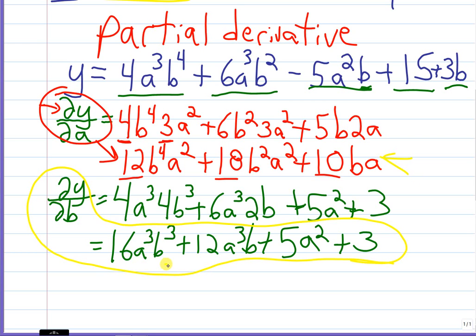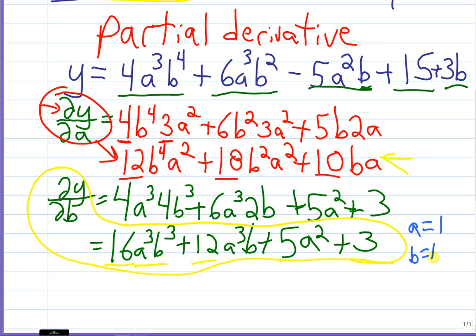Well, if a and b are both 1, then that's just going to be 1 cubed, 1 cubed, 1 cubed, 1, 1. So we'd be adding 16 plus 12 plus 5 plus 3, which is 27, 35. So the slope at a equals 1, b equals 1, if we just looked at that one example point, why that point?